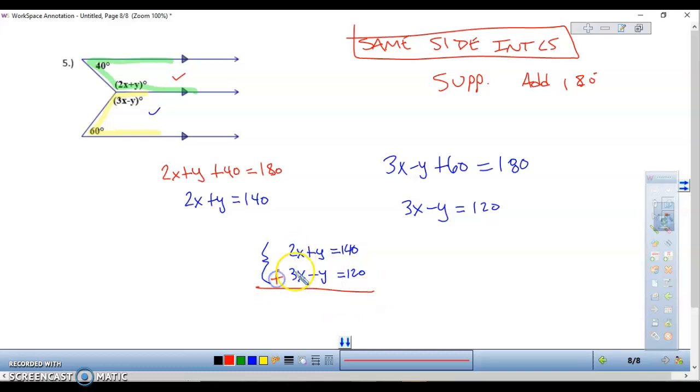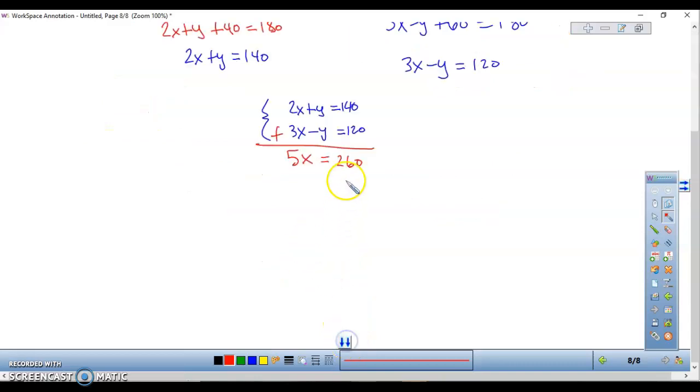So I'm just going to add these together, and I get 5x is equal to 260 degrees. All right, and when I divide 260 by 5, I get, what do I get, 52? Let me just confirm that, okay?